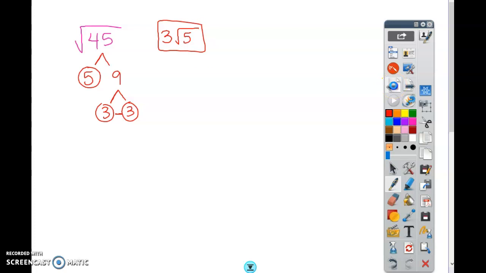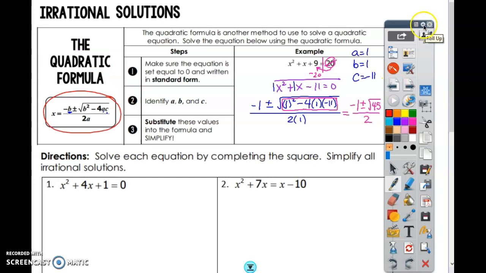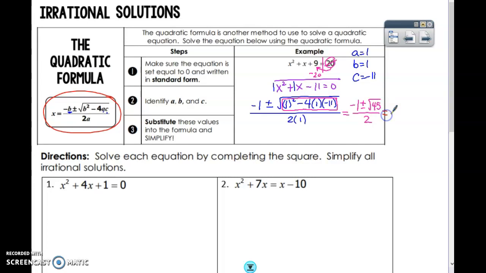So when I go back here, that equals negative 1 plus or minus 3 square root of 5 all over 2. Okay? That's how you do it by hand. In a little bit, I'll show you how to do it in Desmos, but you need to start paying attention at how I'm doing it so that you know where they make a mistake and where they don't make a mistake.